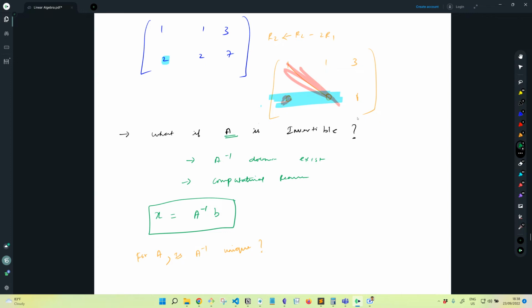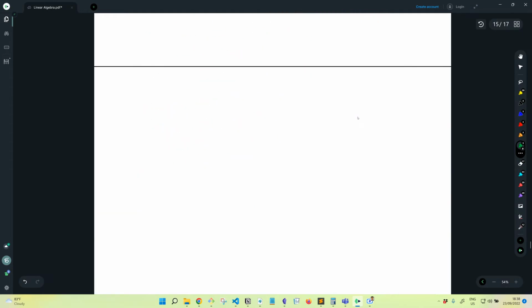Sorry, not converse. If it happens that in the RREF there is no row that is all zeros, then basically it means that A is invertible. Let me state this to you.